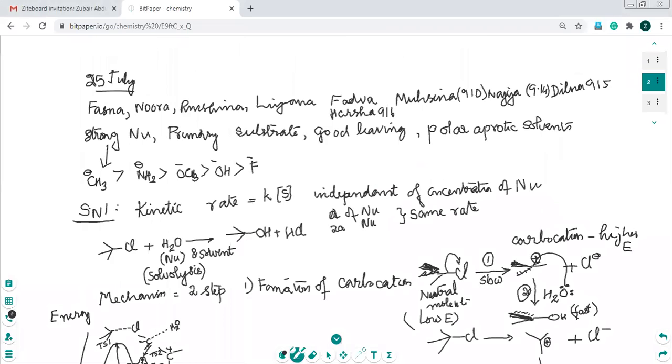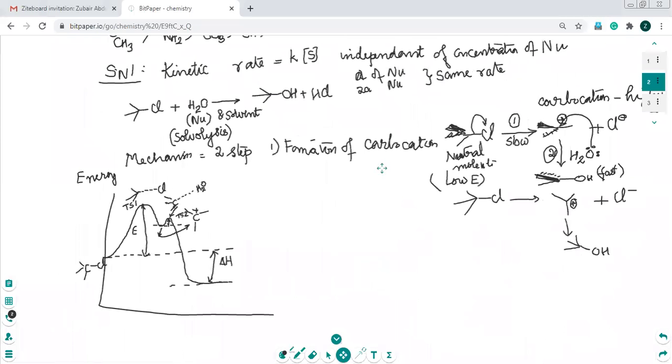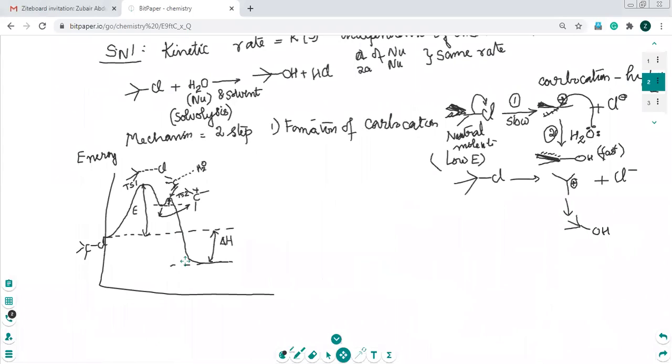Okay, now, so this is the energy profile diagram of this reaction. And let us look at the stereochemistry of this reaction. You can now guess the stereochemistry of this reaction from the mechanism.